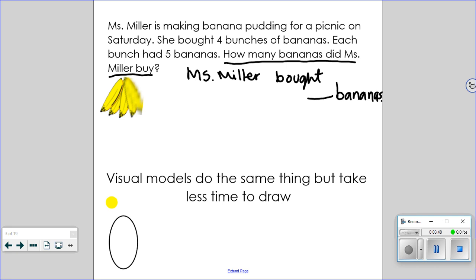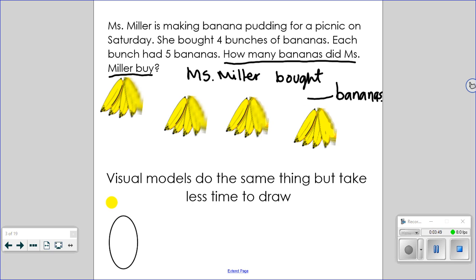I have a super easy shortcut. So I'm going to bring out some bananas. I know, I'm a cheater. I got my 5 bananas on each bunch, and I got 4 bunches. You need to start drawing. You need 4 bunches with 5 bananas in each bunch.